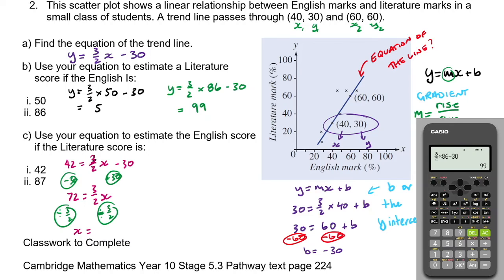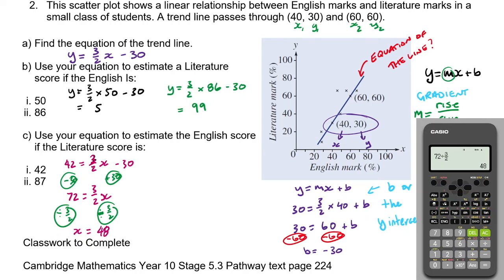So let's just double check that in the calculator. Alright, so this time we're using it a little bit differently, so we can start again. So what we're doing is 72 divided by 3/2, and yes, we do get 48.